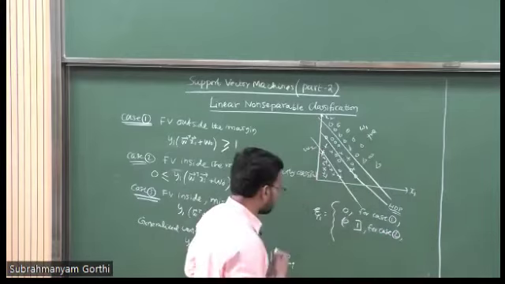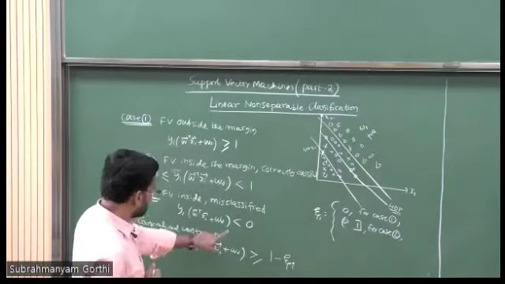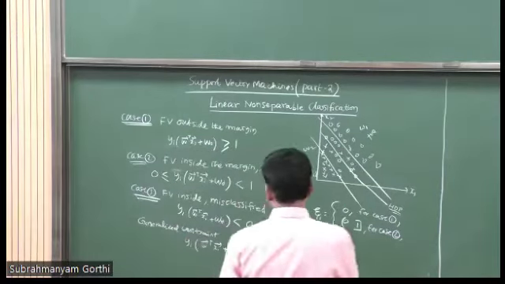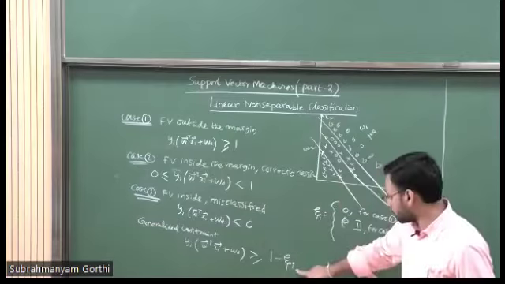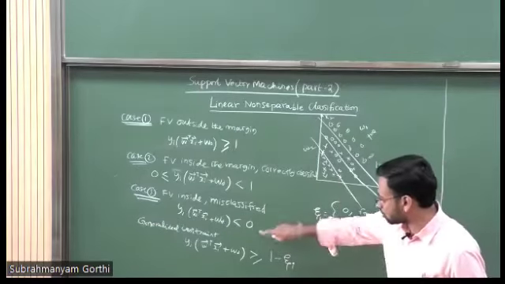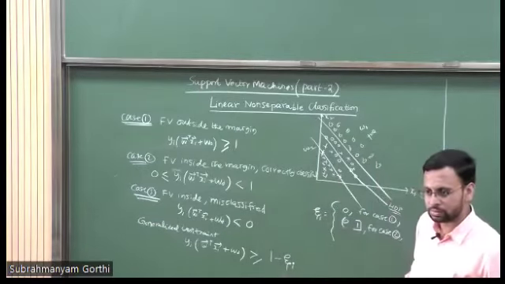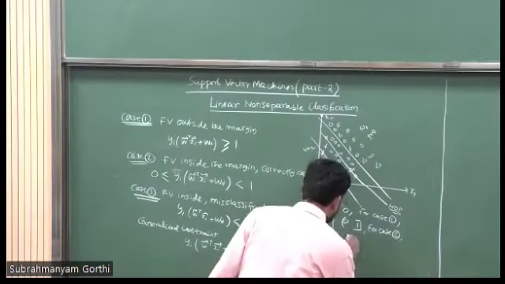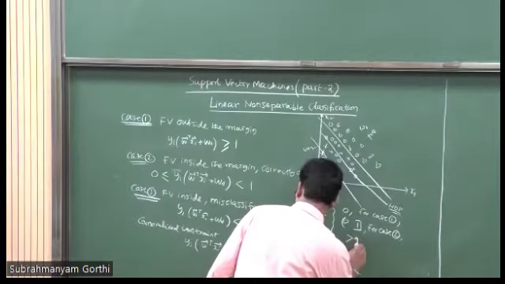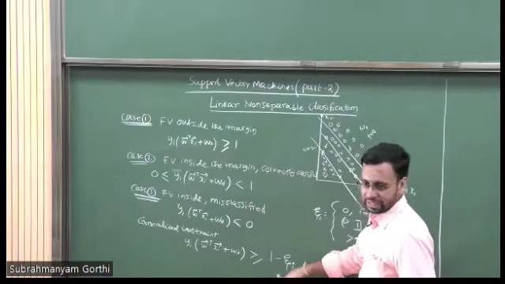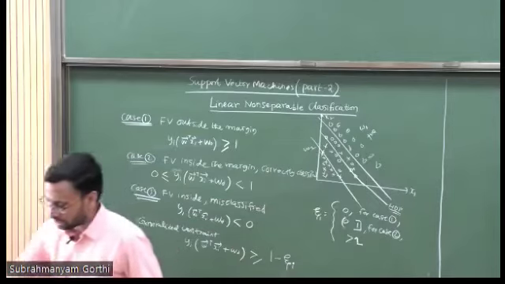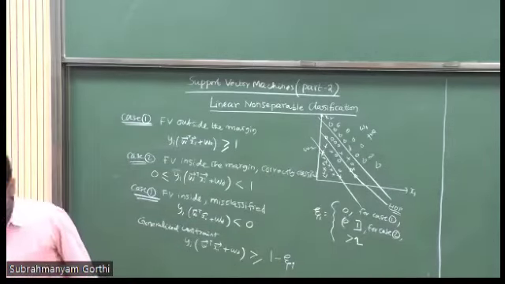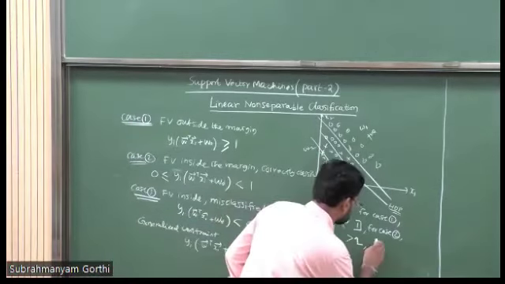Okay, then what about case 3? When will this be satisfied? For this to happen, what about epsilon I in that case when this has to be less than 0? It should be greater than 1. When it is greater than 1, this is negative, correct? So let me cross check that. Yes, for case 3.